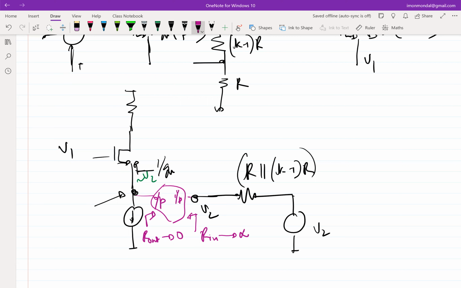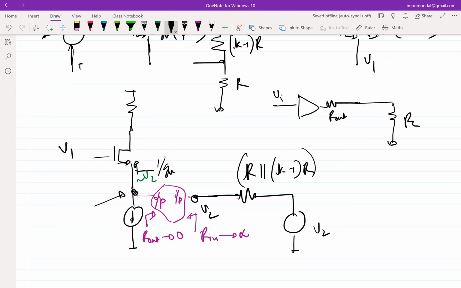So how do you do that? If you have a network, this is RL, this is VI, and you assume that this is a voltage controlled voltage source which has a resistance R out.